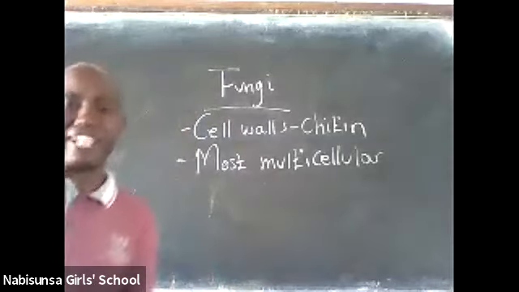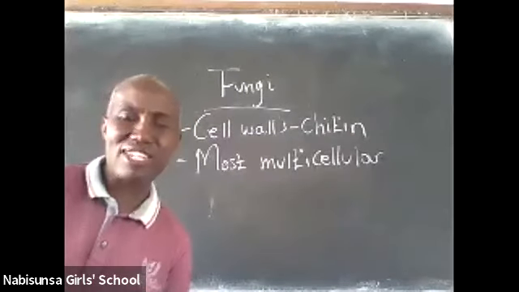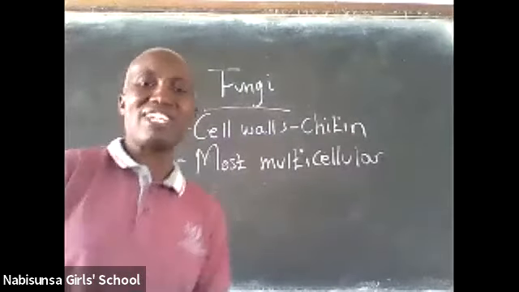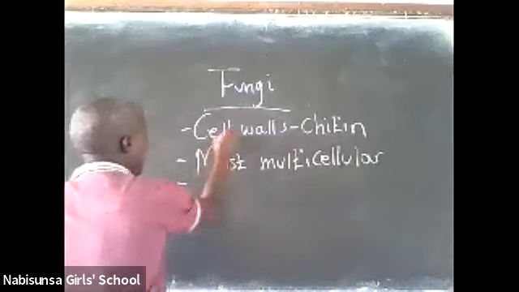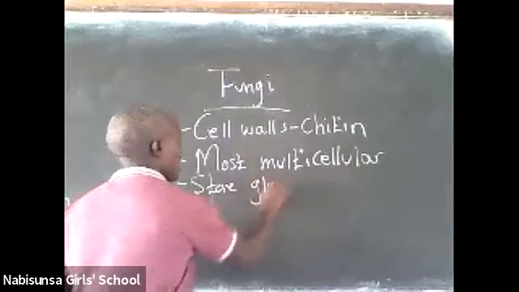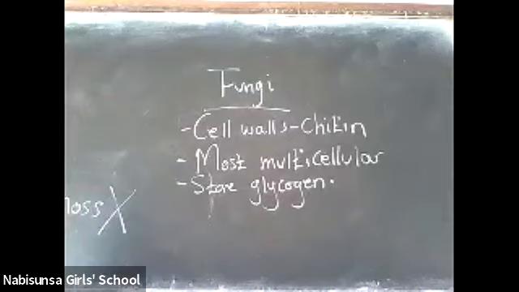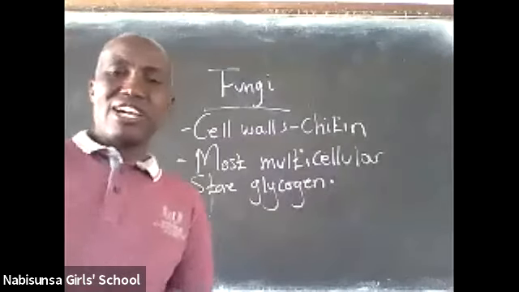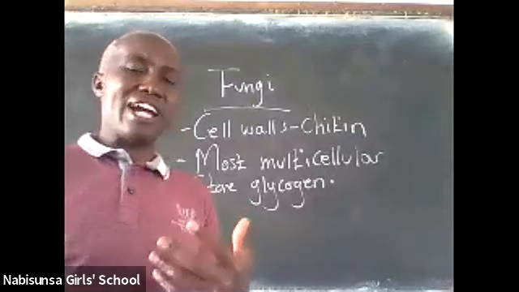Okay, another characteristic that I can actually get from Navidia, she says they store carbohydrate in form of glycogen. That is correct. Glycogen is a complex carbohydrate. And if you remember, we looked at differences between plants and animals.